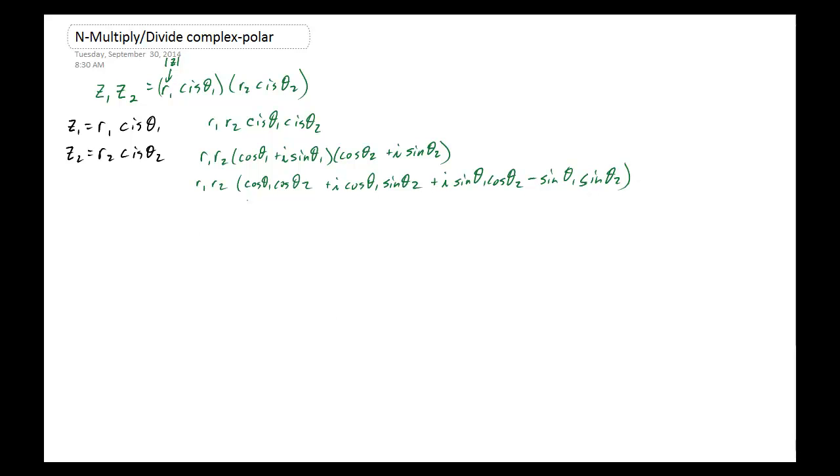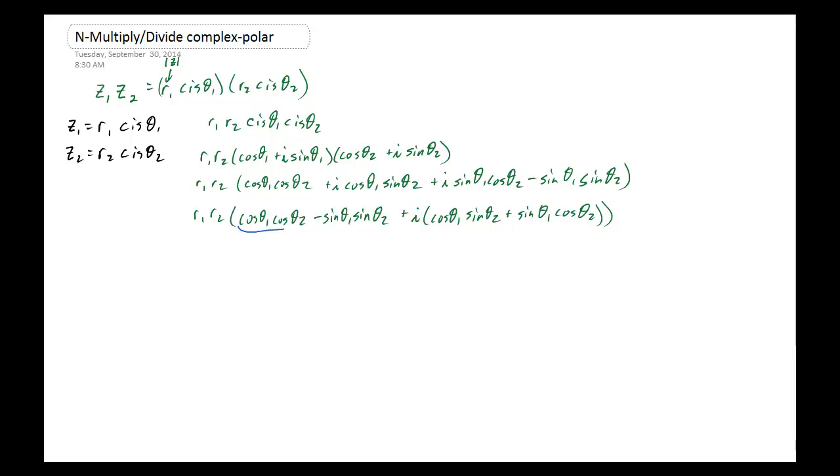And if we rearrange this, we put the real parts together and the imaginary parts together, then what we end up with is r1 r2 times cosine theta 1 cosine theta 2 minus sine theta 1 sine theta 2. That should start to look familiar a little bit. And then plus i times cosine theta 1 sine theta 2 plus sine theta 1 cosine theta 2, and that should also look a little bit familiar because we've seen both of those things before.